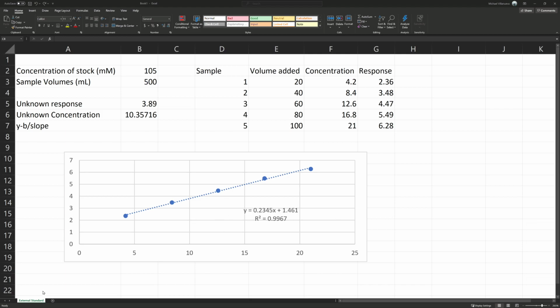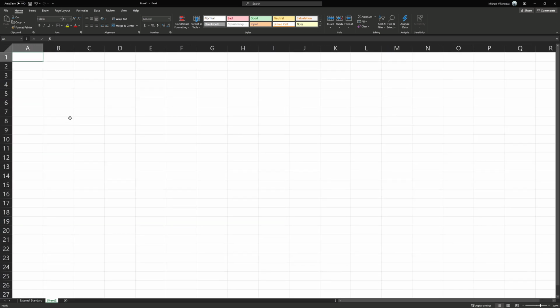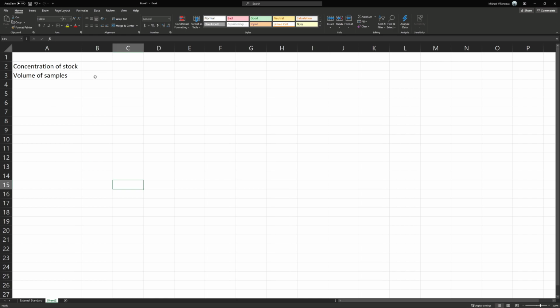Let's go over an internal standard now. So let's say that we have, let's actually copy nearly everything. Creation of stock, volume of samples. Let's use 500. Let's use the concentration of stock of 100.